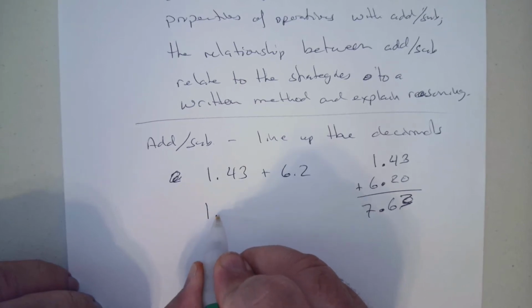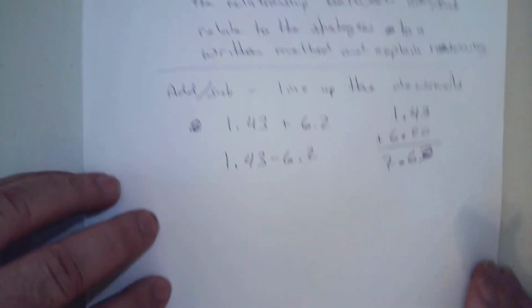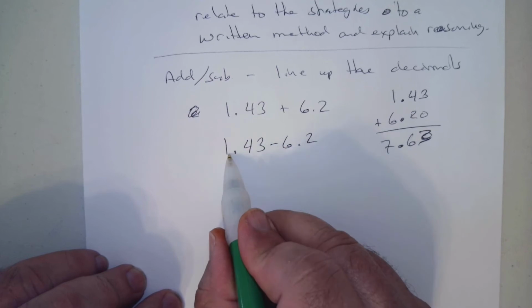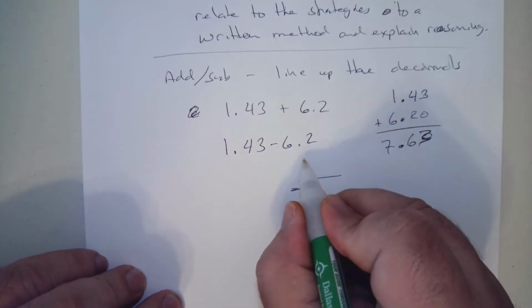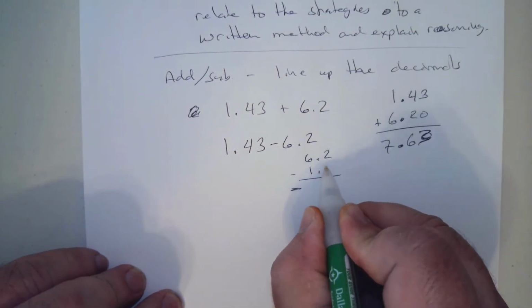Let's look at subtraction using the same logic. Again, look at the signs. 6 is bigger than 1, so the answer is negative. Put the bigger number on top and subtract the smaller from it.